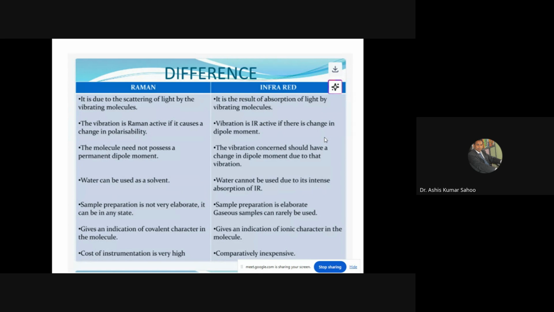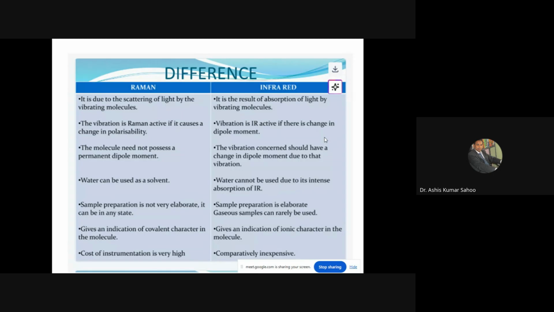In Raman spectroscopy, we can get information about the covalent character of the molecule.